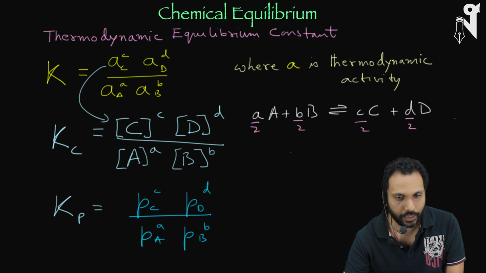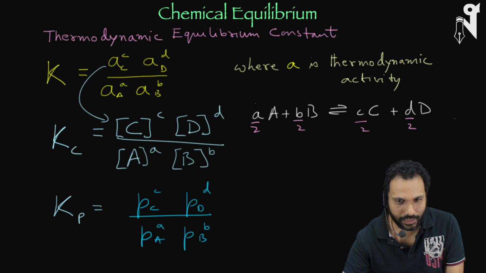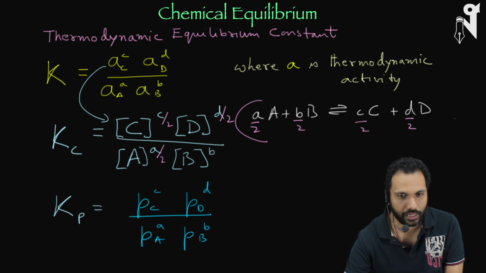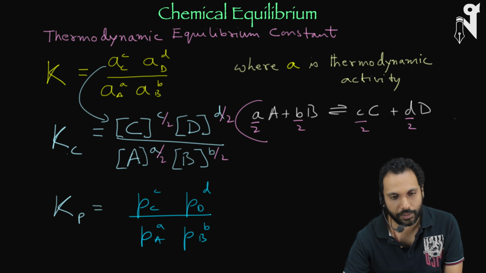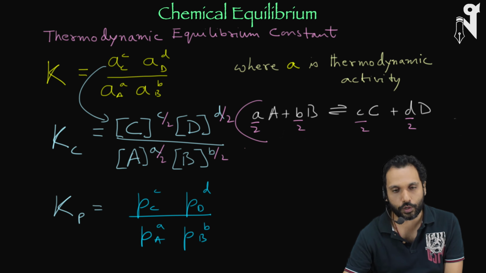No, it won't be. Now, the K value for this reaction will have a_C to the c by 2, a_D to the d by 2, a_A to the a by 2, a_B to the b by 2. Will it be a constant? Yes, it will be a constant. It will be a new constant. In our solving of numericals, will it make a difference? No, it won't make a difference.